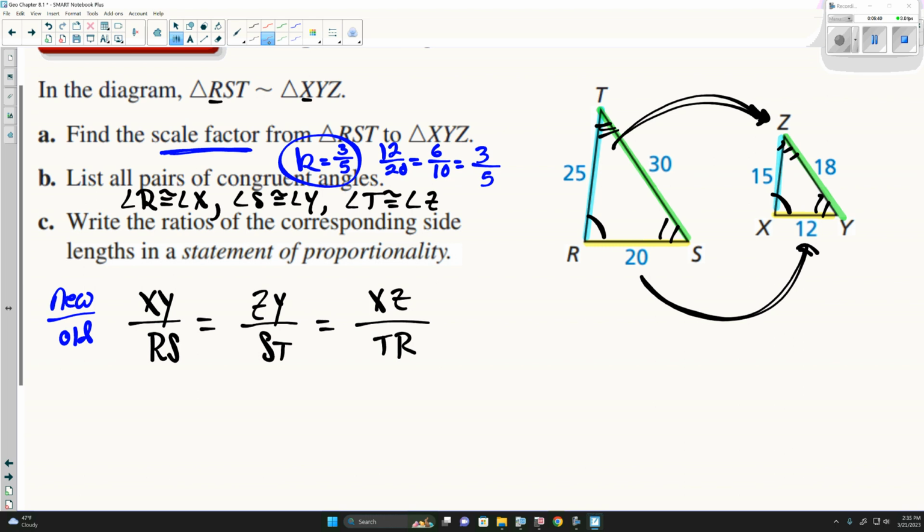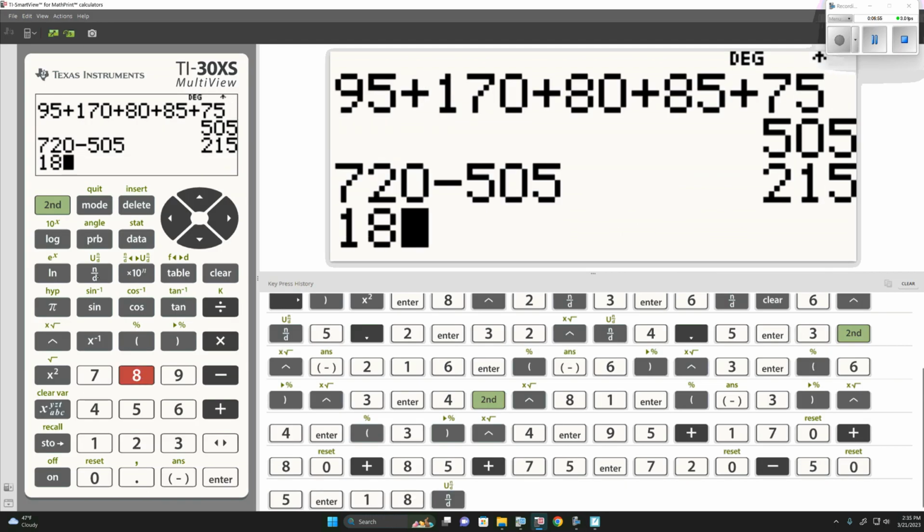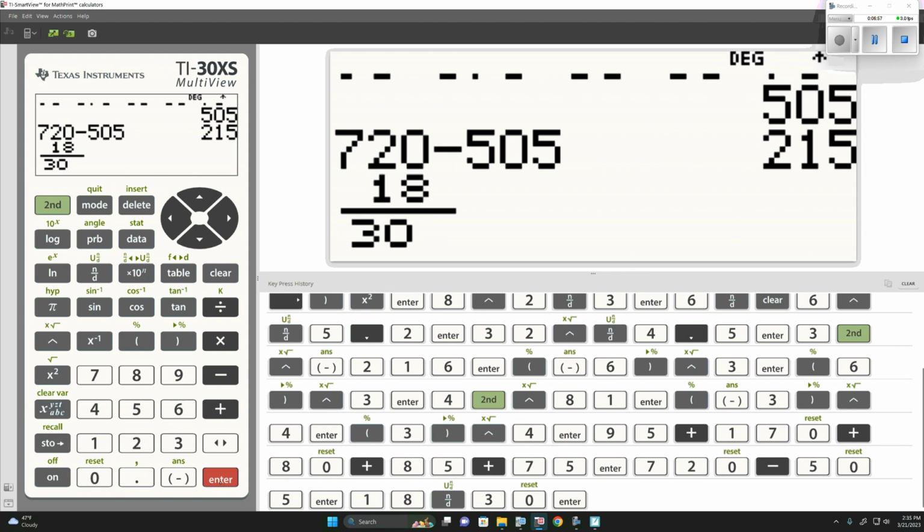And if we wanted to check that, we could say 18 over what? 18 over 30. And in a calculator, I could do 18 over 30. And is that what we got previously?